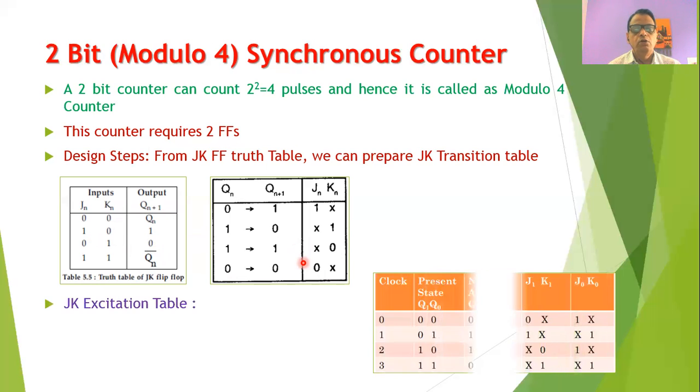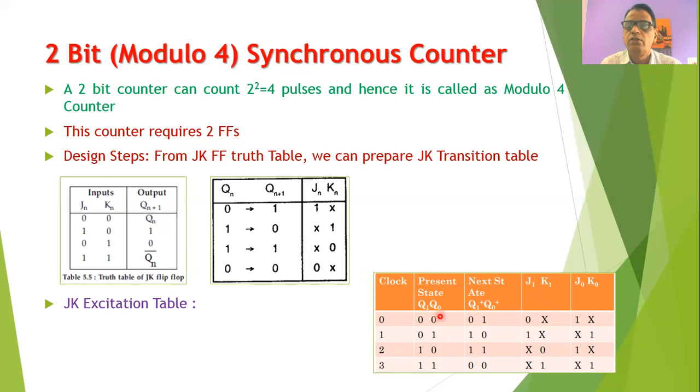Now, once you know the transition table, then you can prepare the JK excitation table. So initially when the clock is equal to 0, the present state will be equal to 0, 0. The next state will be 0, 1. And then we will consider what can be the values of J1, K1 and J0, K0. Now, if you look at the transition of Q1, there is a transition of 0 to 0, and therefore from this transition table, for the transition of 0 to 0, we will put J1, K1 equal to 0x.